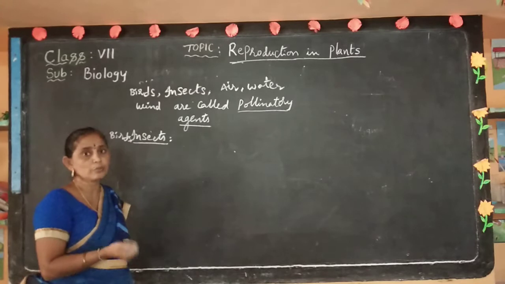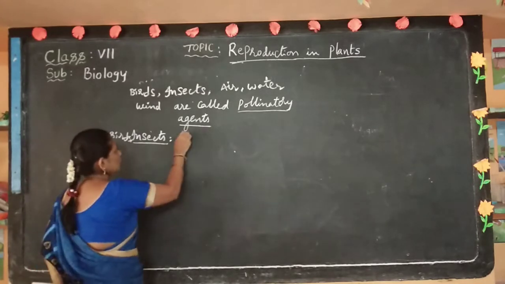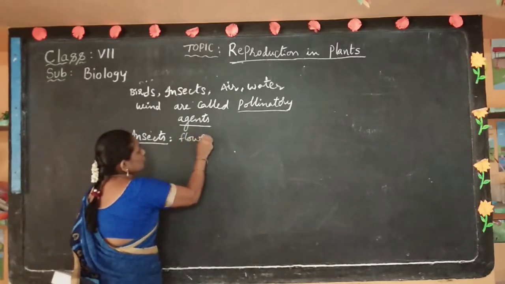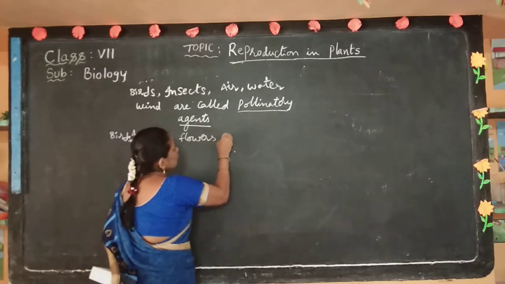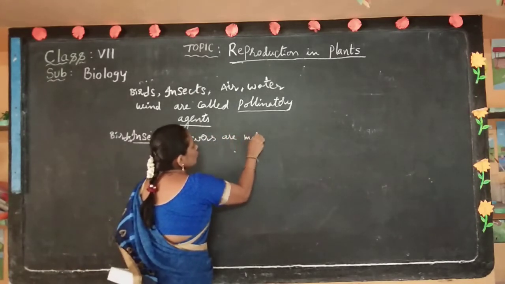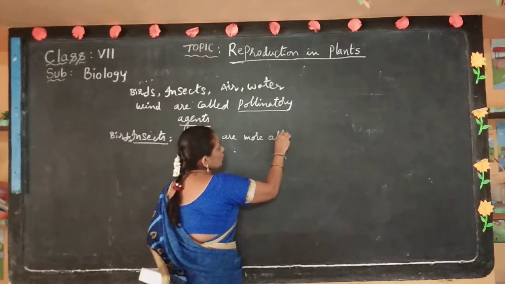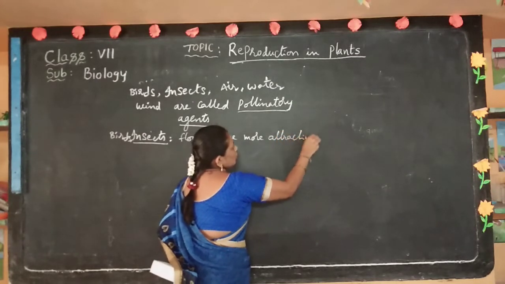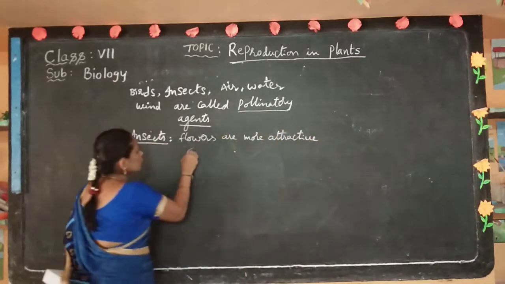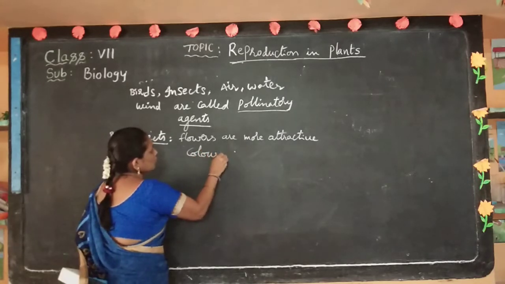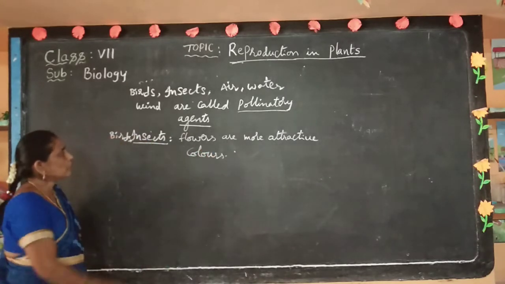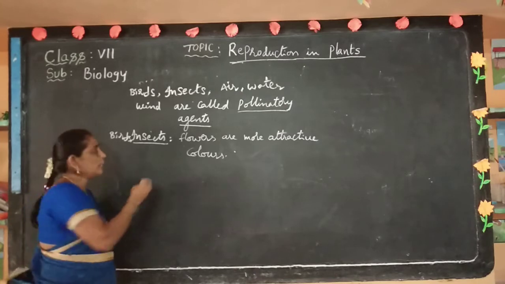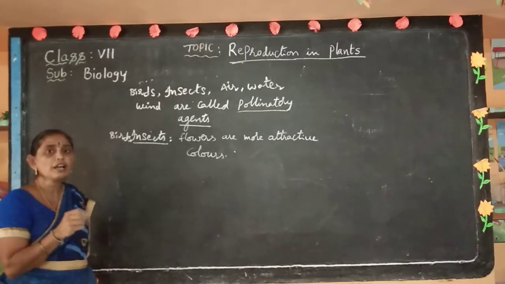Odor means smell. They give a smell. The flowers also have attractive colors. This type of plant is pollinated through insects.